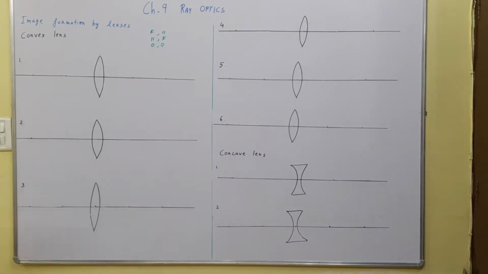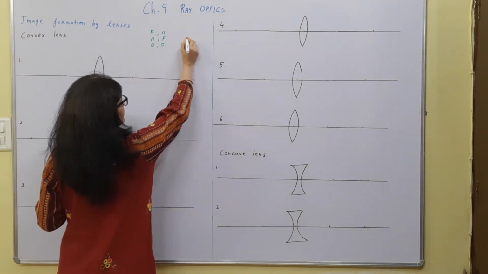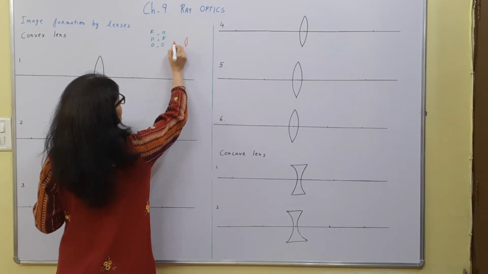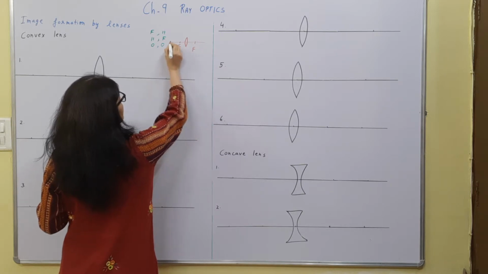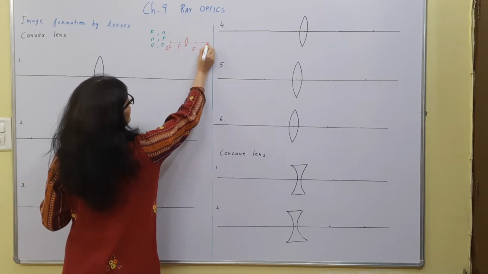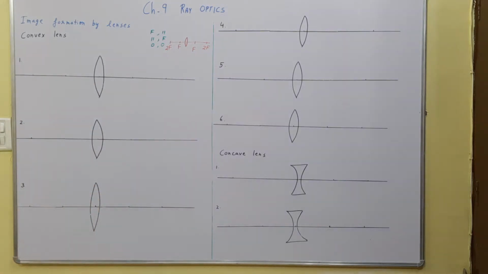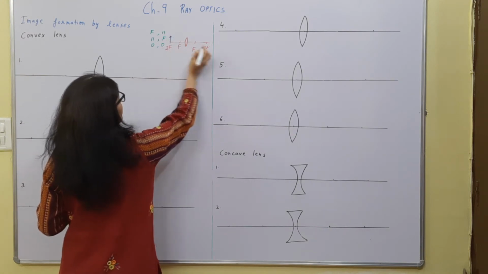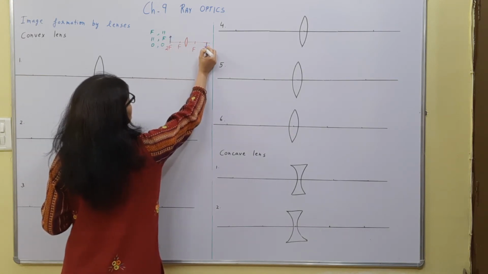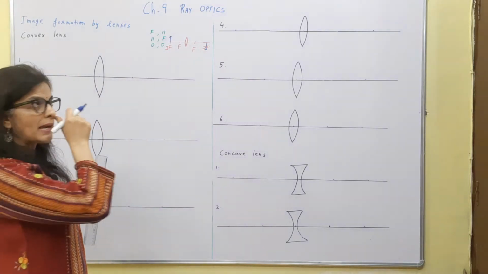One more thing I would like you to remember is, this is a kind of trick you can say, that if you have this convex lens and this is f, this is f, this is 2f position and this is 2f position. If the object is at 2f, then the image is formed at 2f, same size, inverted and real.